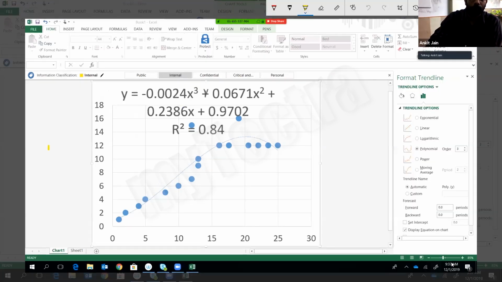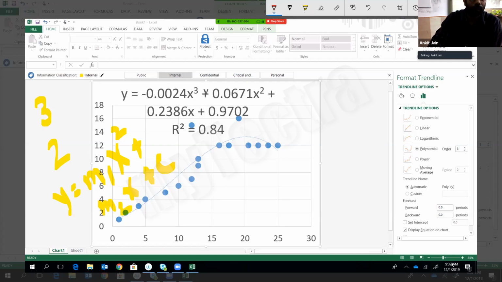If my order is 2, my equation assumption is y equal to m1 x square plus m2 x plus c. If my order is 3, it becomes y equal to m1 x cube plus m2 x square plus m3 x plus c.